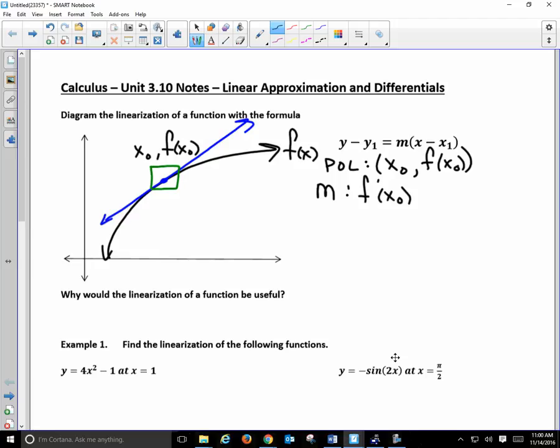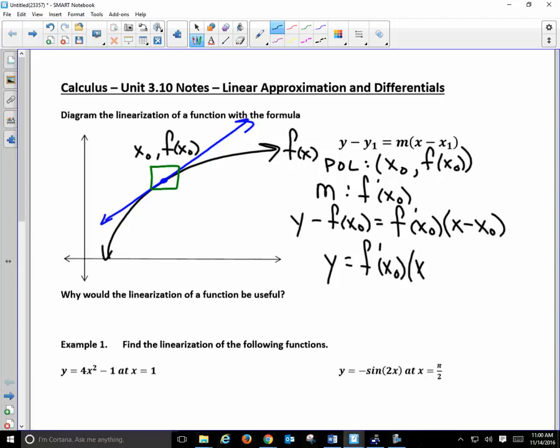So the equation for our line will then be y minus f of x sub 0 is equal to f prime of x sub 0 times x minus x sub 0. Or in other words, y equals f prime of x sub 0 times x minus x sub 0 plus f of x sub 0.